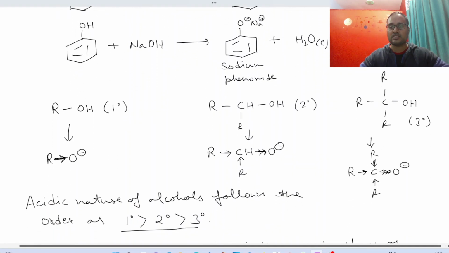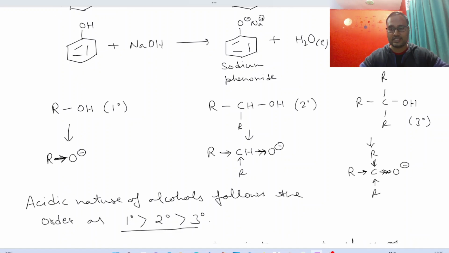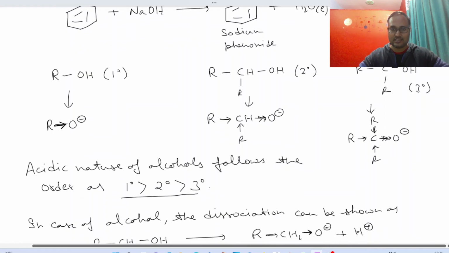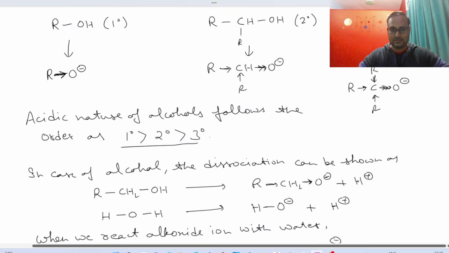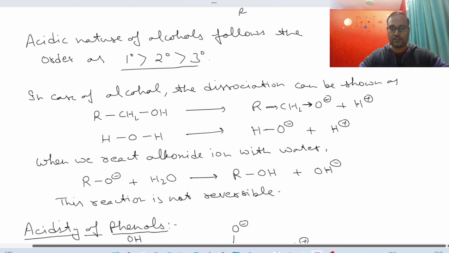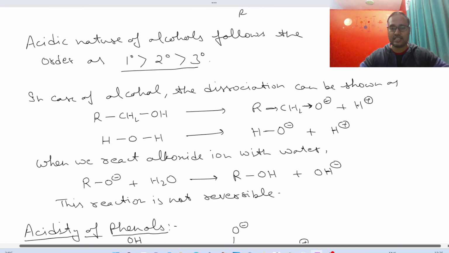If we compare the acidic nature of primary, secondary, and tertiary alcohol, then primary alcohol is the most acidic, and tertiary alcohol is the least acidic. That is due to the stability of the alkoxide ion formed. Then we compared alcohol with water, to see which is more acidic.